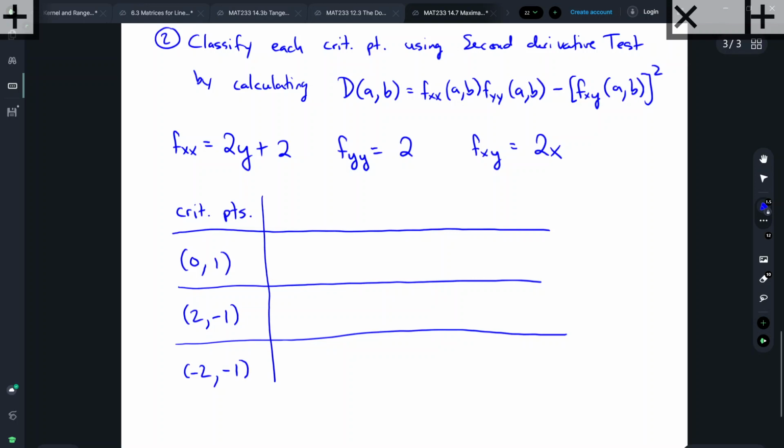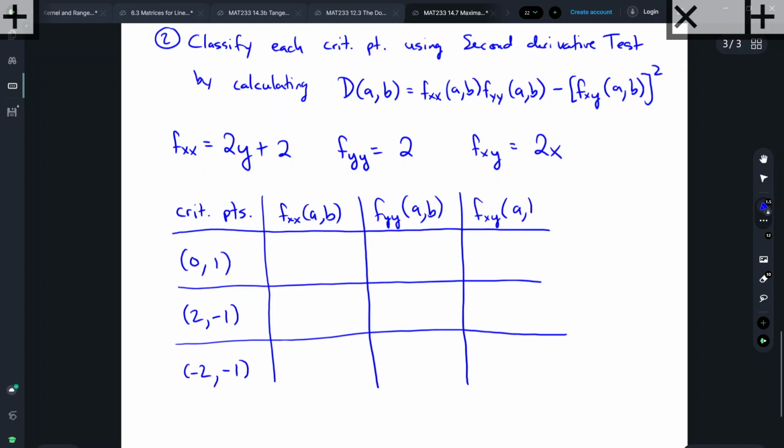And then I'm going to calculate the second order partial derivatives separately for each of the 3 critical points. So again, it's not completely necessary in this particular example because the expressions are not too complicated. But for a more complicated function, this will help you organize all of the calculations.